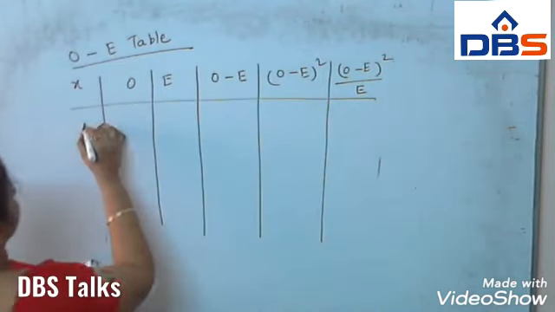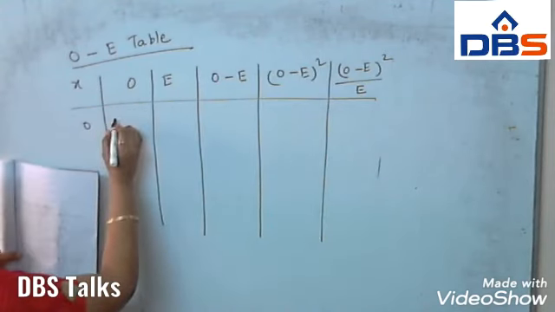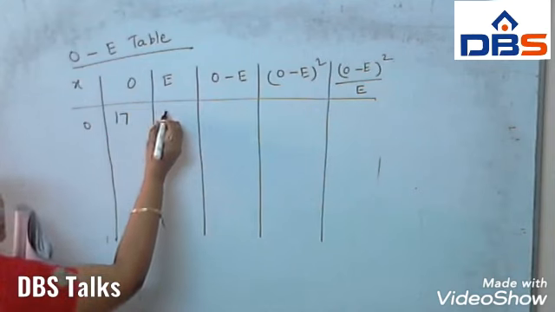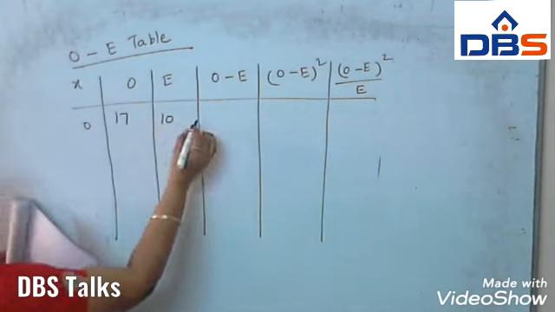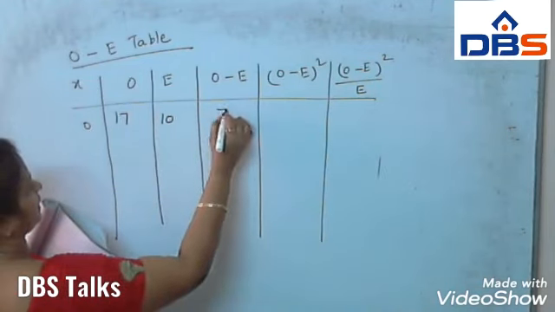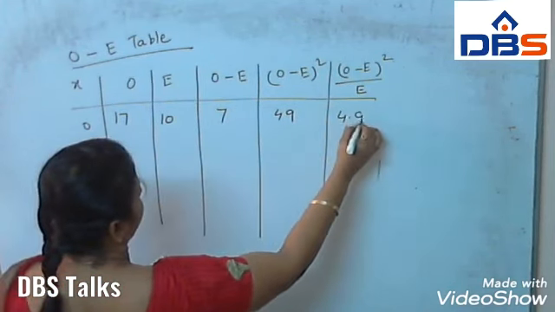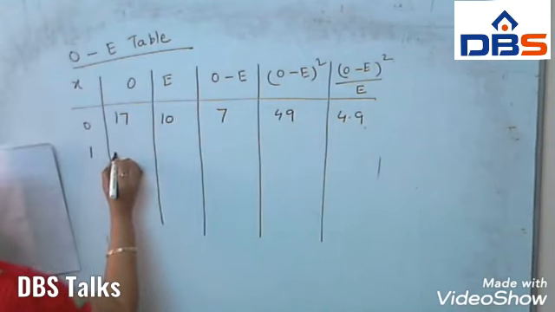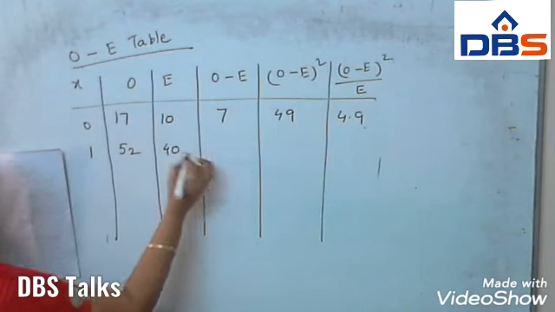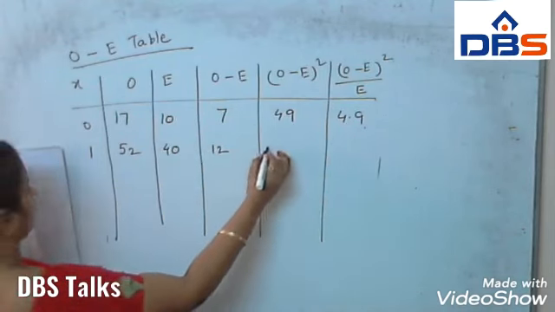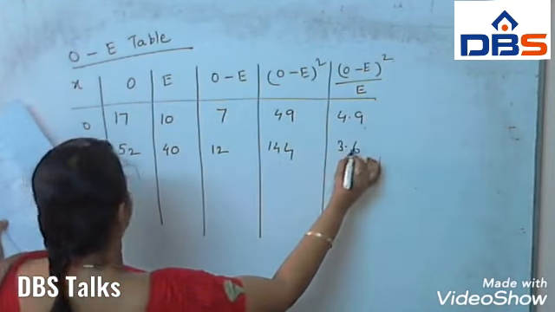For X equal to 0, the observed value given in the table is 17. The expected frequency for 0 is 10. O minus E, 17 minus 10, 7, square 49. 49 by 10, 4.9. Next, 1: the observed value is 52, expected value 40. 12, 144. 144 by 40, 3.6.